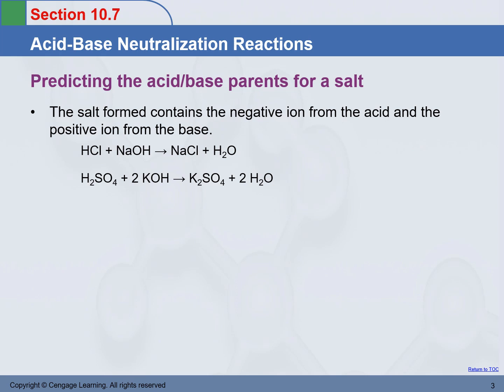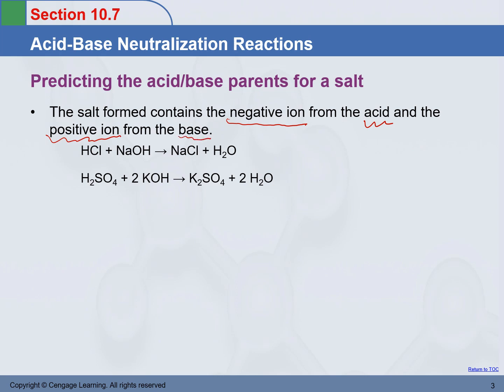All right, so let's practice how do we predict from what acid and base a salt can be prepared. Remember, we already concluded that the negative ion in the salt is from the acid. The positive ion in the salt is from the base.